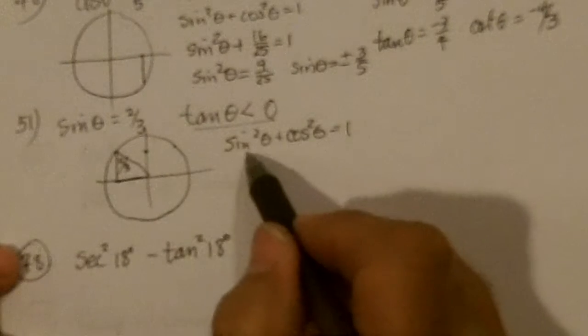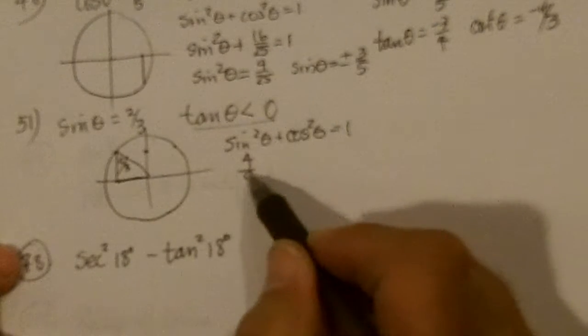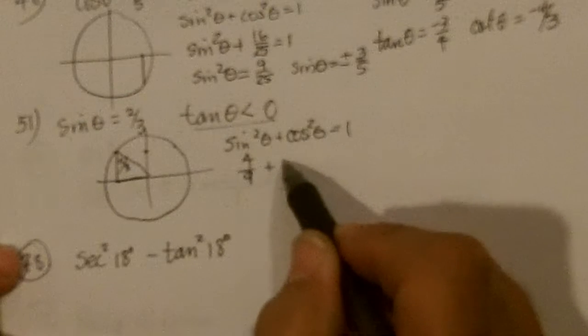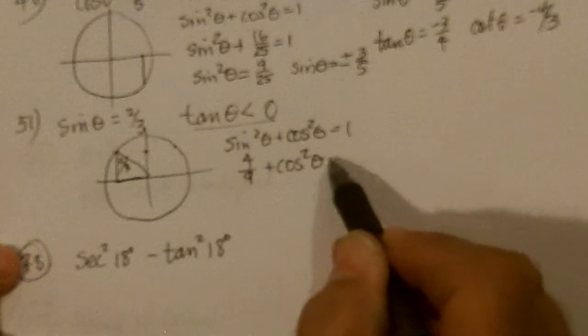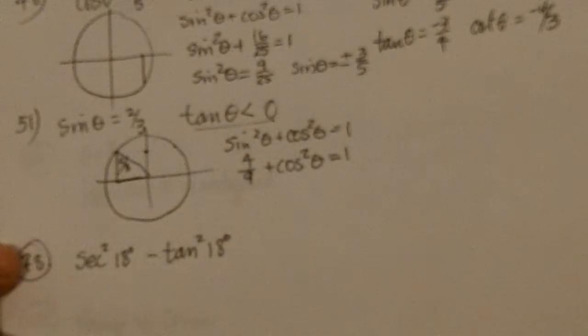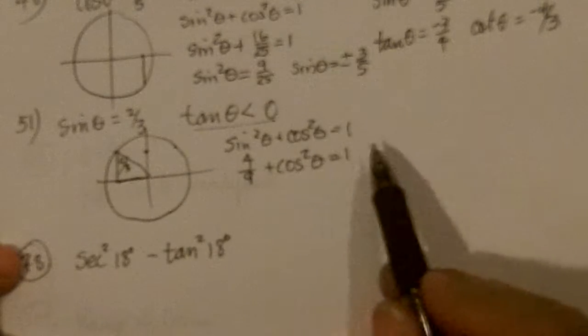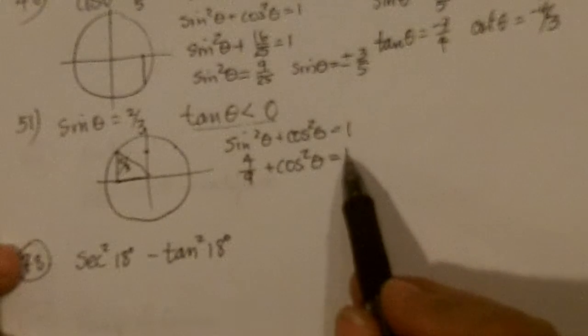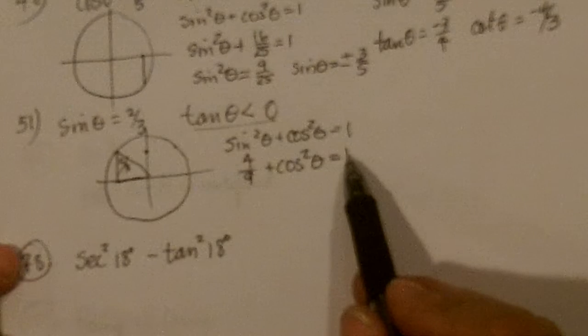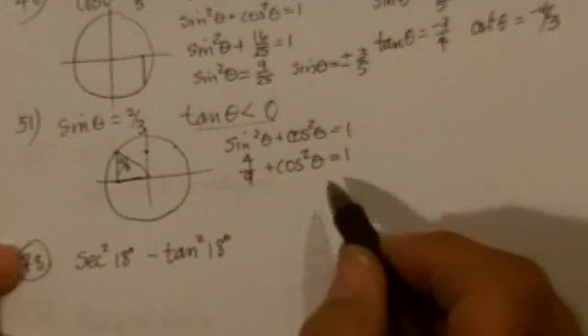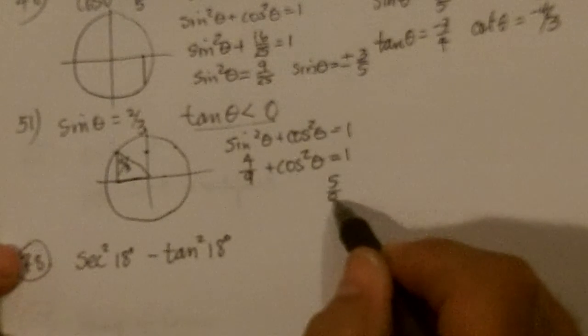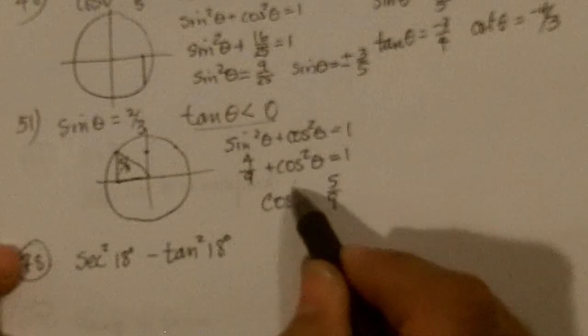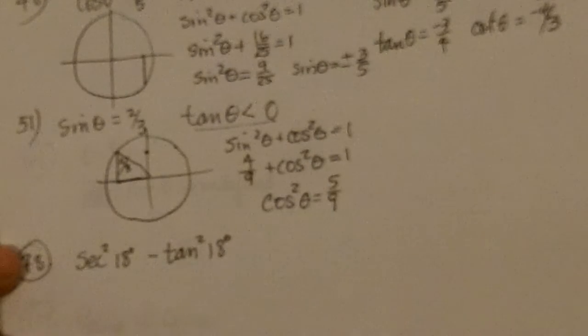So 2/3 squared is 4/9 plus cosine squared theta has to be 1. 4/9 subtracted from both sides, subtracted from 1/1, which is 9/9, would be 5/9. Cosine squared would be 5/9.